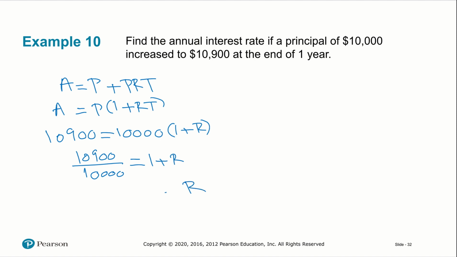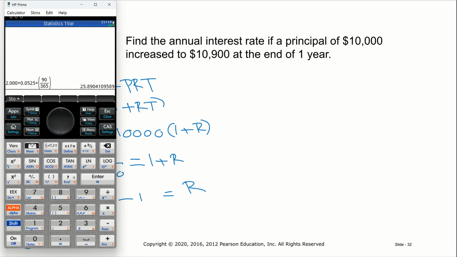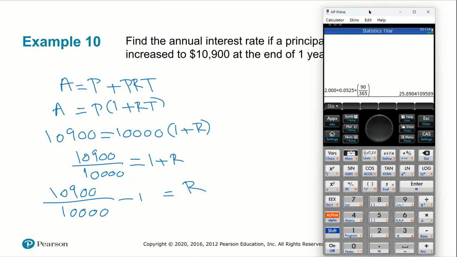So the rate is just going to be 10,900 over 10,000 minus 1. All right, and we go ahead and compute that. So we have 10,900. Let me actually use parentheses because otherwise it starts messing up later.